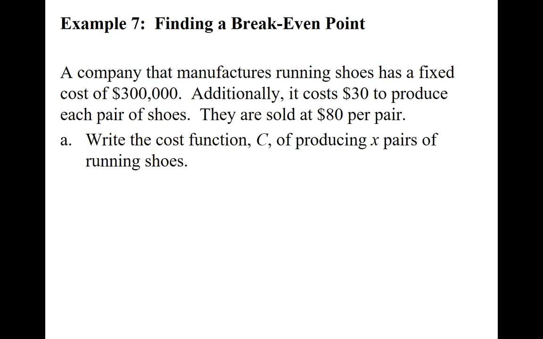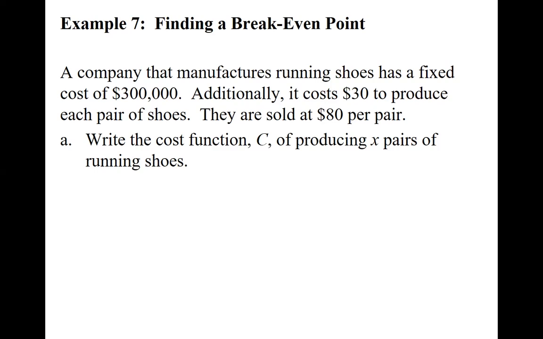So a company that manufactures running shoes has a fixed cost of $300,000. Additionally, it costs $30 to produce each pair of shoes. They are sold at $80 per pair. Write the cost function C of producing x pairs of running shoes.